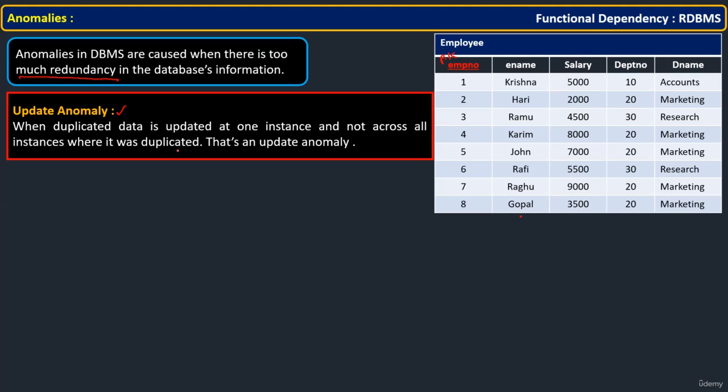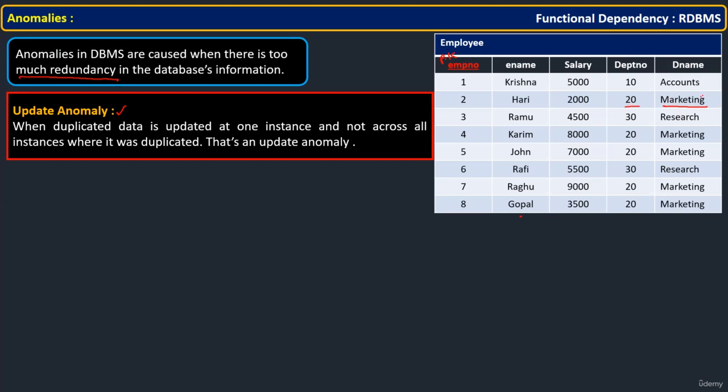Very simply, let us observe here. For example, department number 20 means marketing. What I want to do is assign department number 20 to some other department.